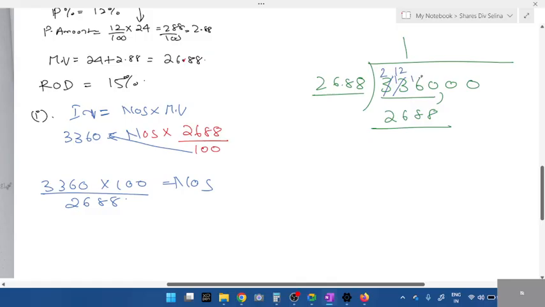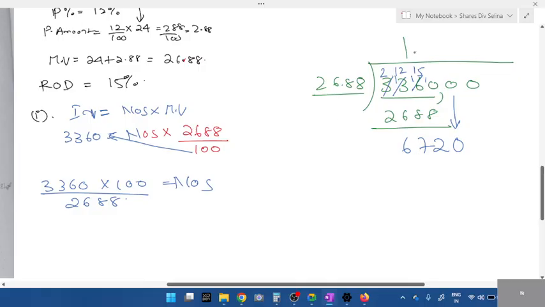Carry 1. 16 becomes 15. So 15 minus 8 is 7. Next one, 12 minus 6 is 6. So 2688.